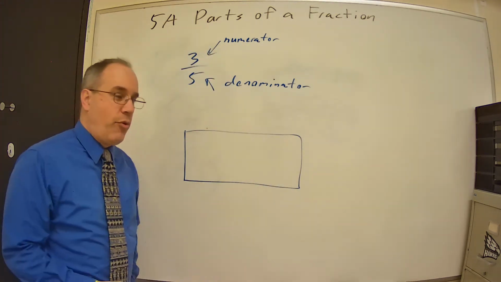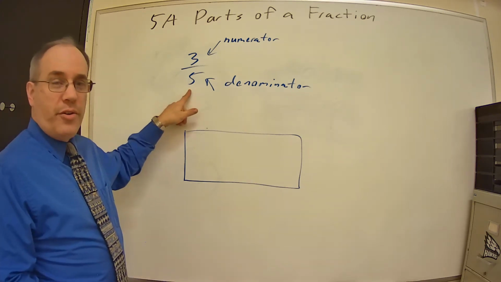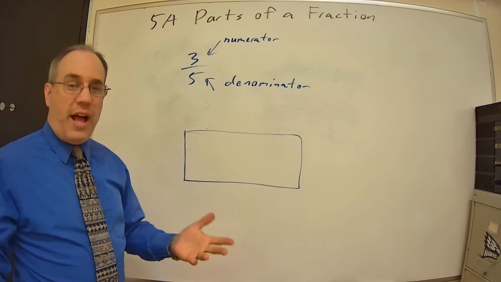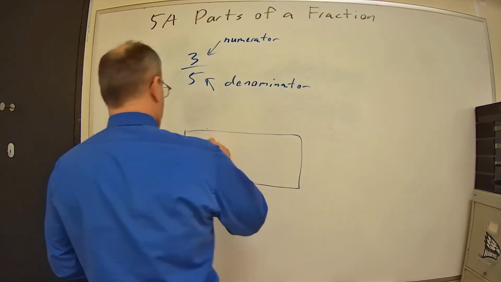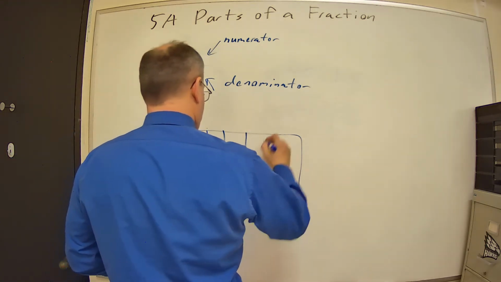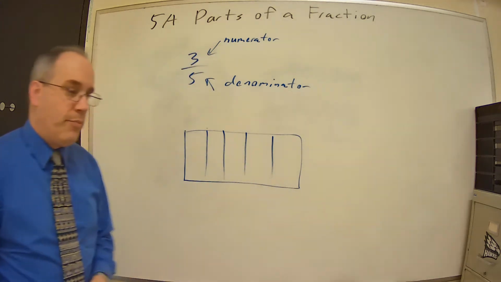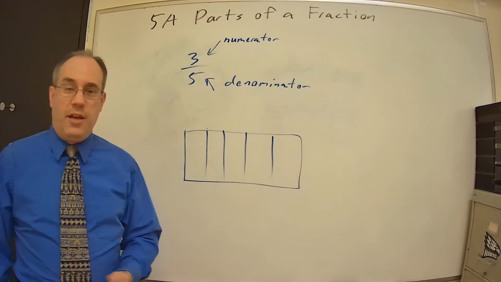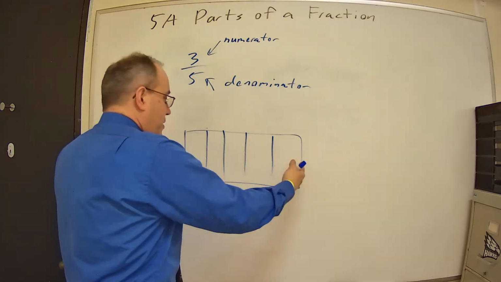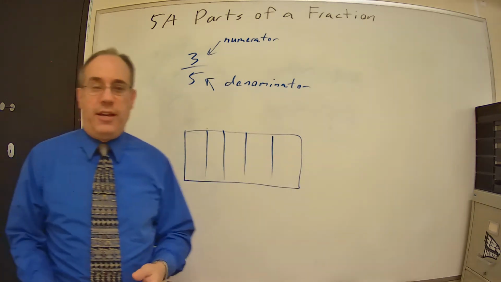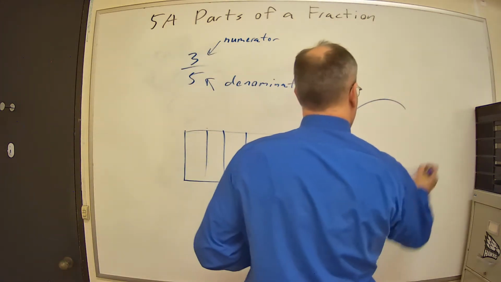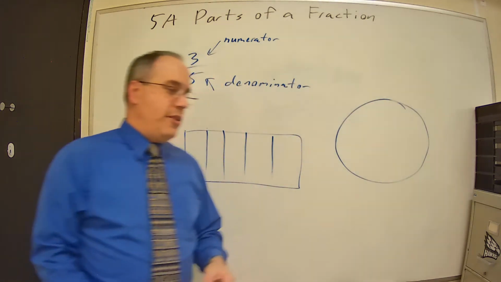let's say I have this whole rectangle, the denominator tells me how many pieces of equal size we're going to break this rectangle into. 1, 2, 3, 4, 5. So we've got 5 pieces. So 5 pieces will make a whole rectangle. It's kind of like if you take a pizza and they say, how do you want it cut?